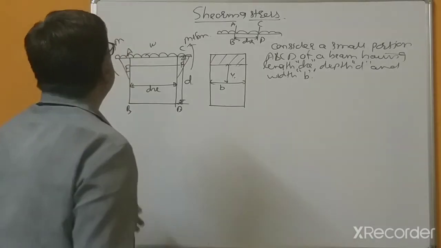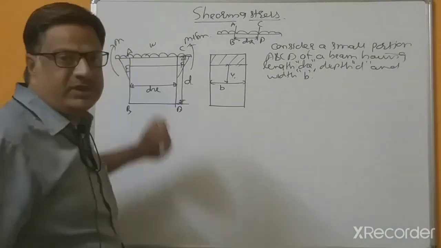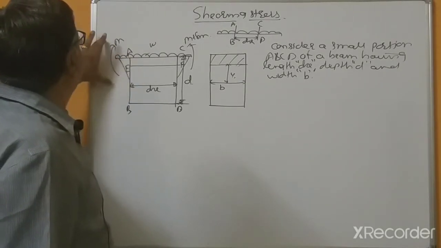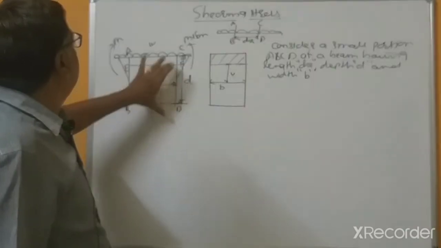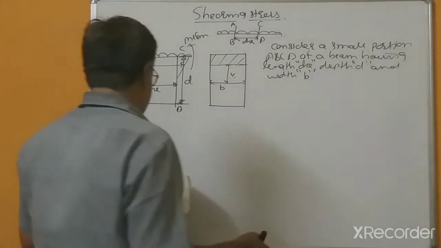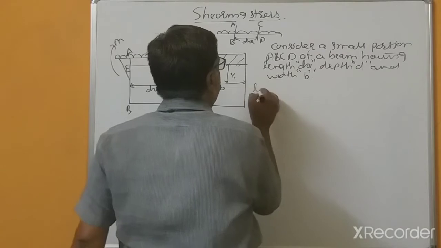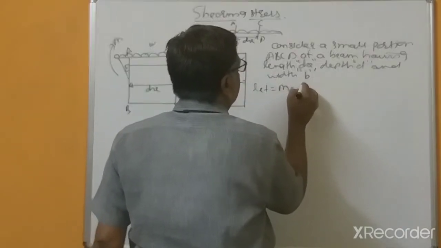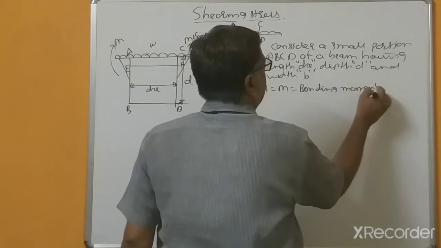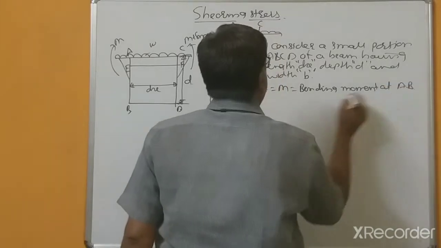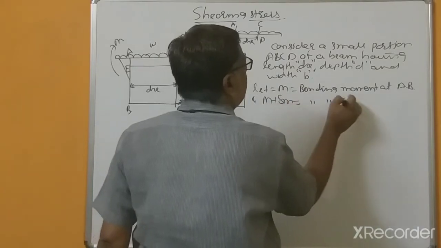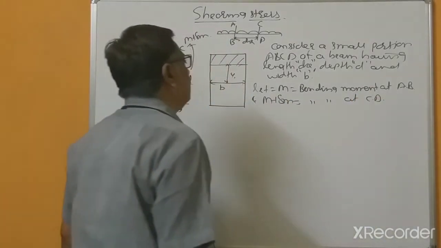At every section, shear force is acting and bending moment also varies. Now suppose at AB section the moment is M, and across CD section the moment is M plus delta M. So let M be the bending moment at AB and M plus delta M the bending moment at CD.